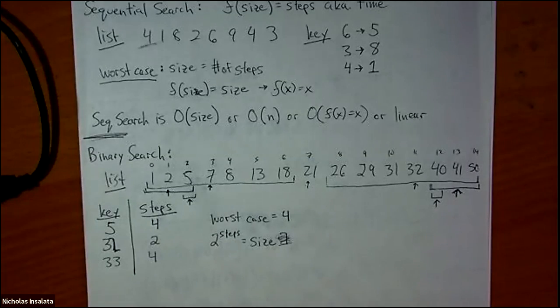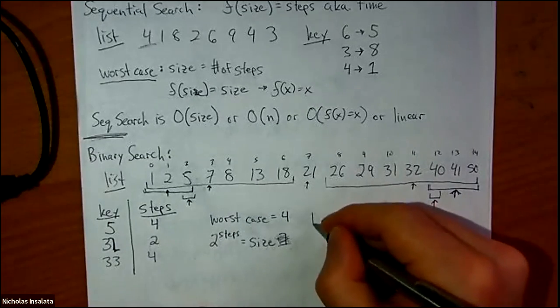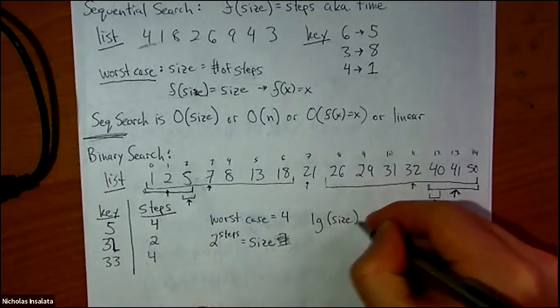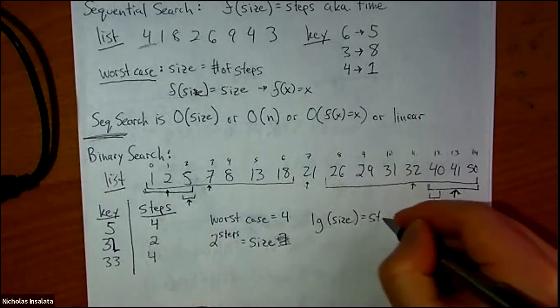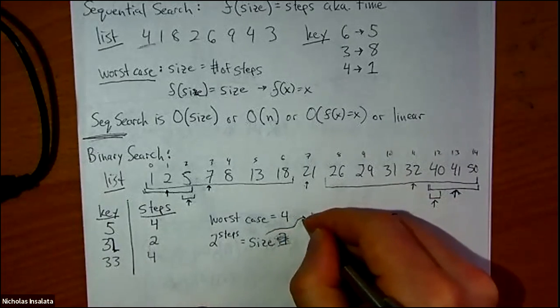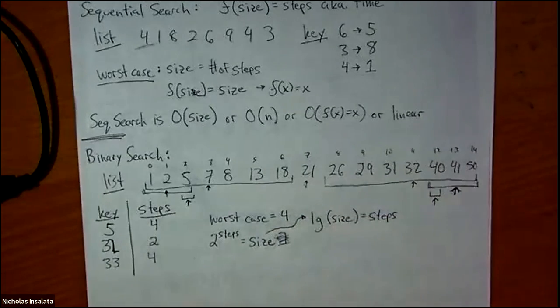Which is to say that the log base 2 of the size equals the number of steps, right? If we reformat this, take the log of both sides, we've got the log of the size equals the number of steps.